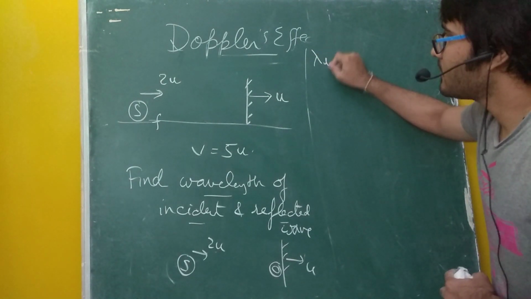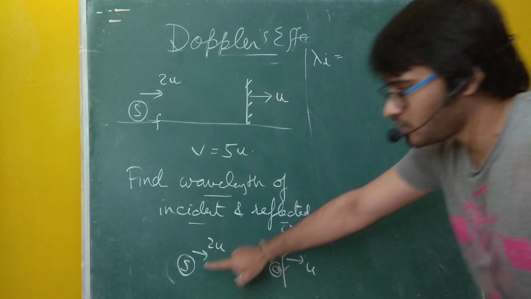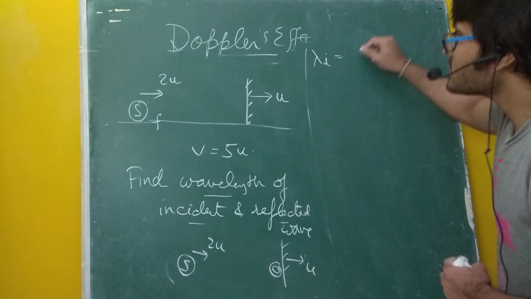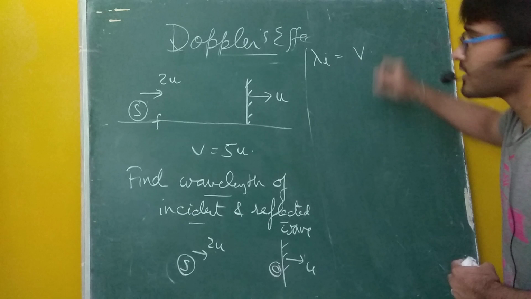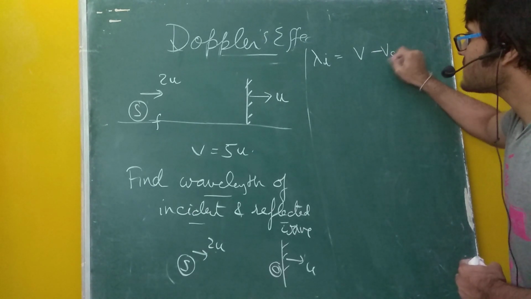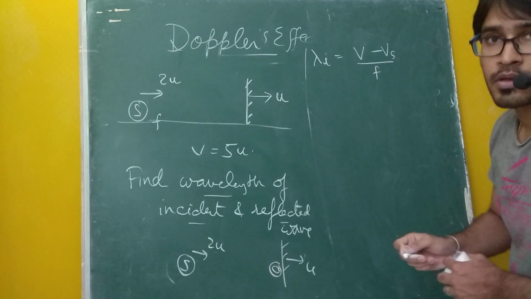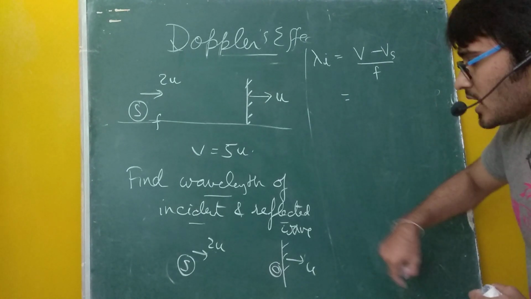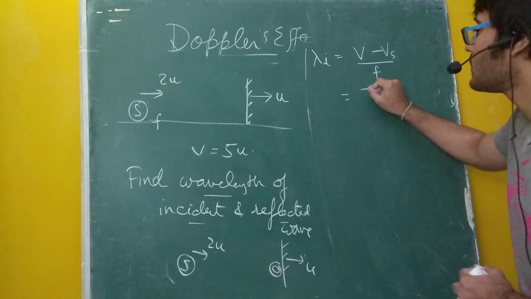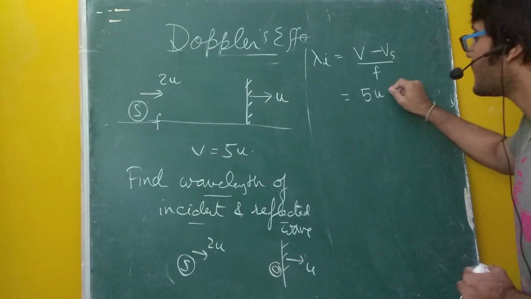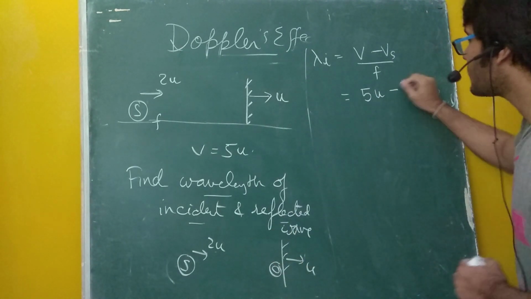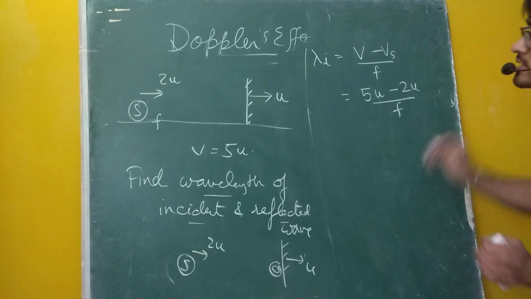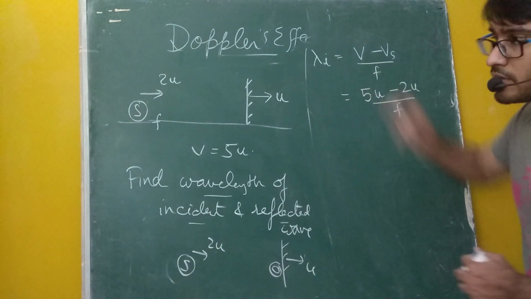So lambda I, it only depends on velocity of source, and here source is moving towards. If source is moving towards, I have to use negative sign, yes or no? So minus Vs by F. Okay. And here values are given. This V is given as 5u. So this will be 5u minus Vs, which is 2u, divided by F. So this will be your incident wavelength.